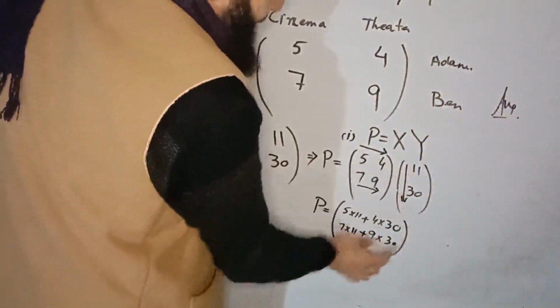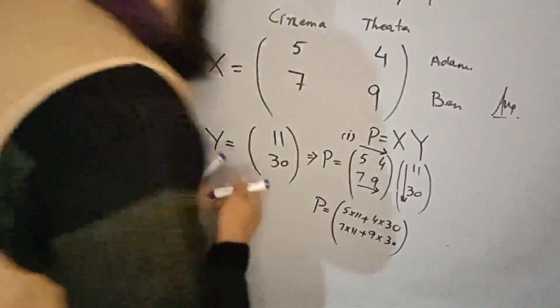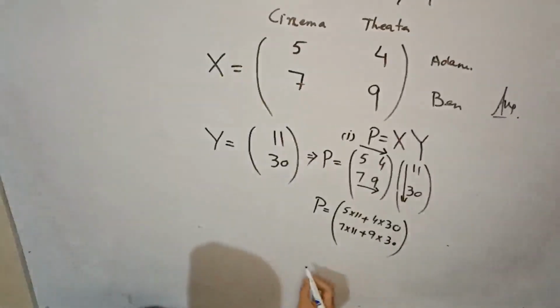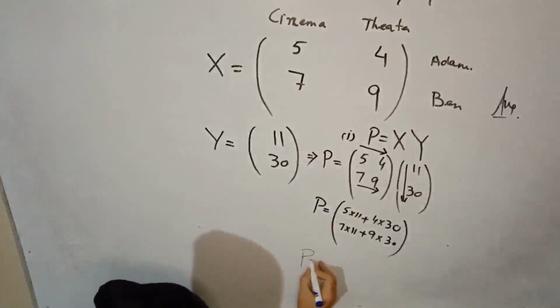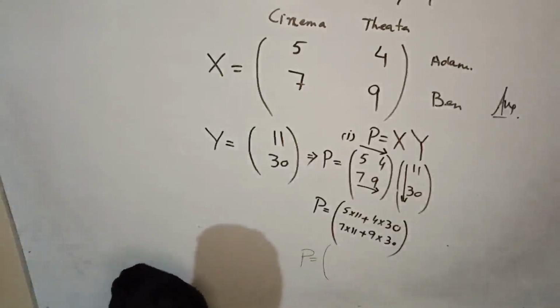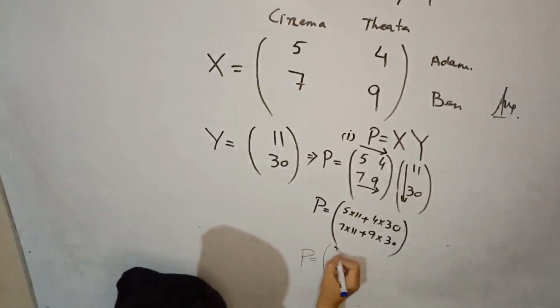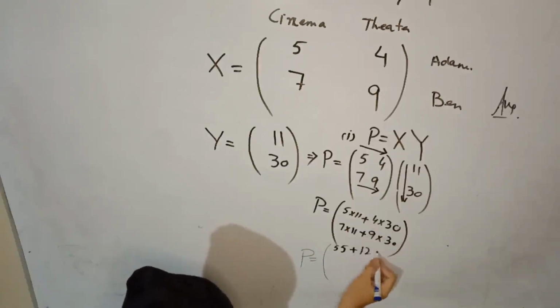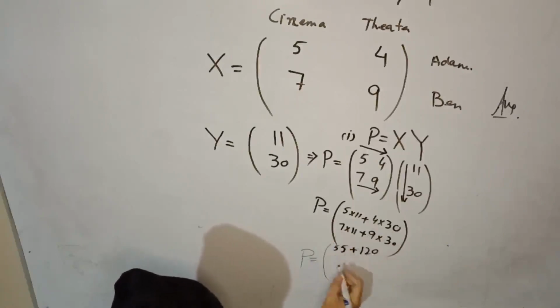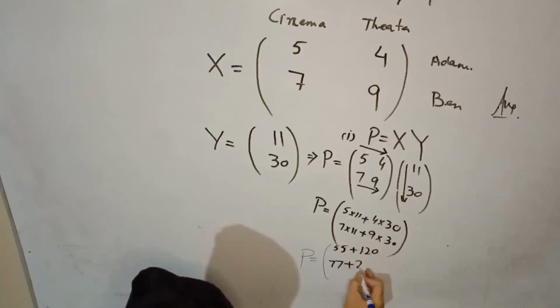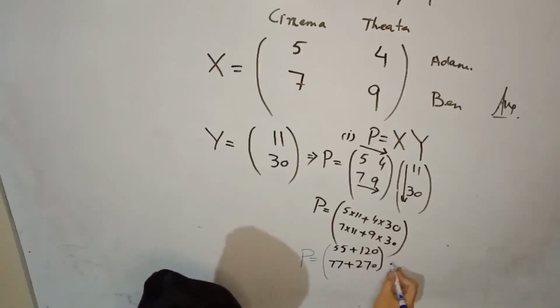Second row and the column, the second. So this will be equal to 5 into 11 is 55 plus 4 into 30 is 120. Again, 7 into 11 is 77 plus 9 into 30 is 270. We just have to add them.